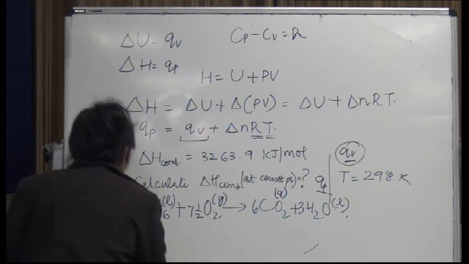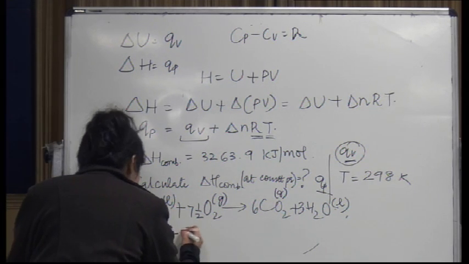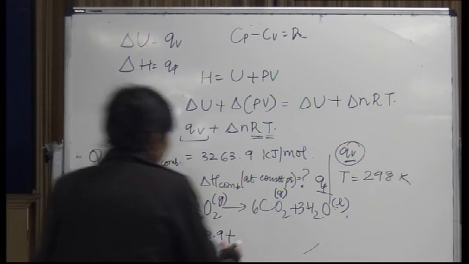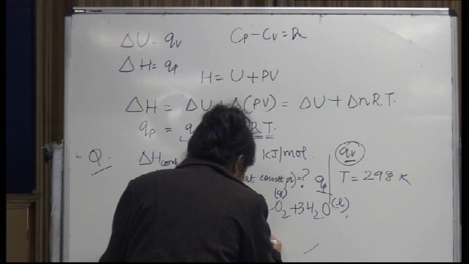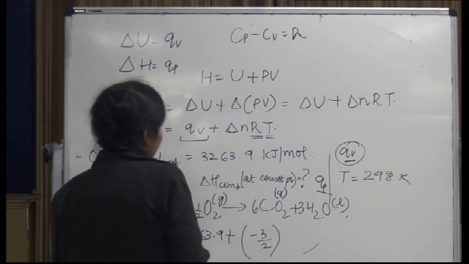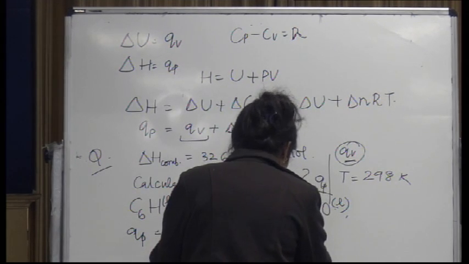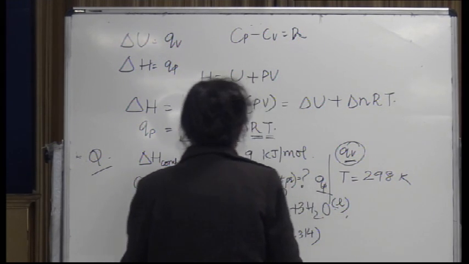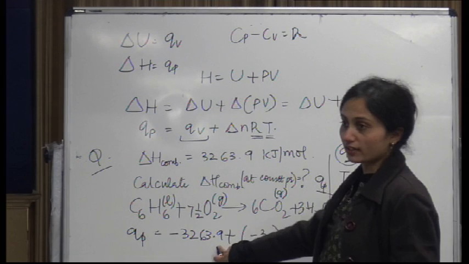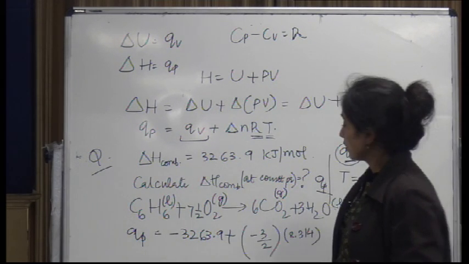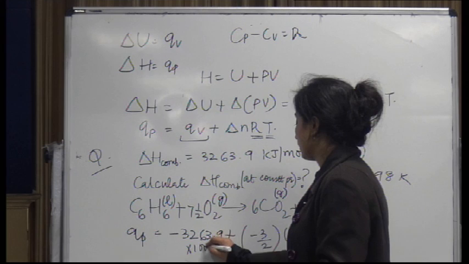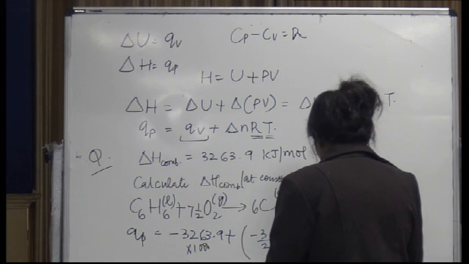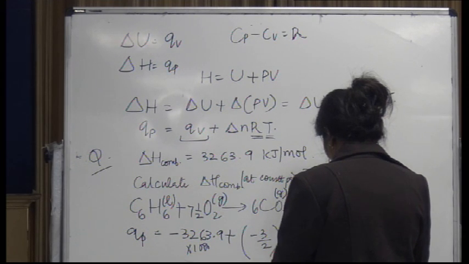So your QP will be equal to minus 3263.9 plus delta N. Delta N is your minus 3/2. What is your R? That is equal to 8.314. It is given in kilojoules, so that can be converted into joules, so into 1000 can also be done here. 8.314 into 298.